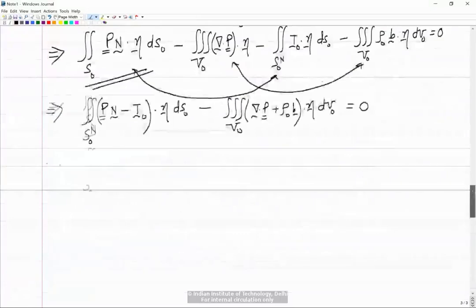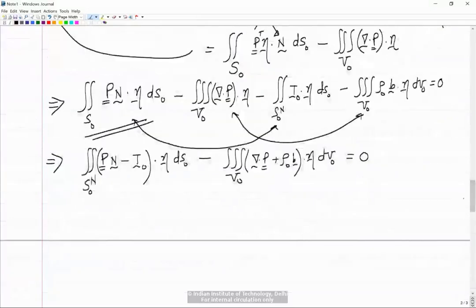Okay, now you see it's very interesting what you have gotten. So this term here is over the volume and this is over the surface. And because your eta can be arbitrary, right? Eta can be arbitrary, it just has to be admissible. So that means each of the integrands must vanish.